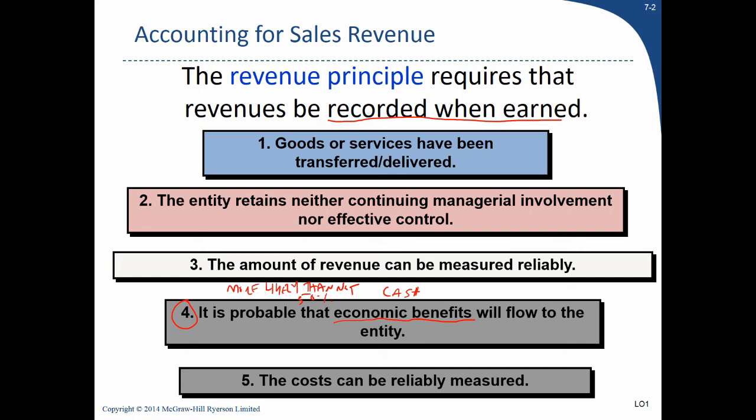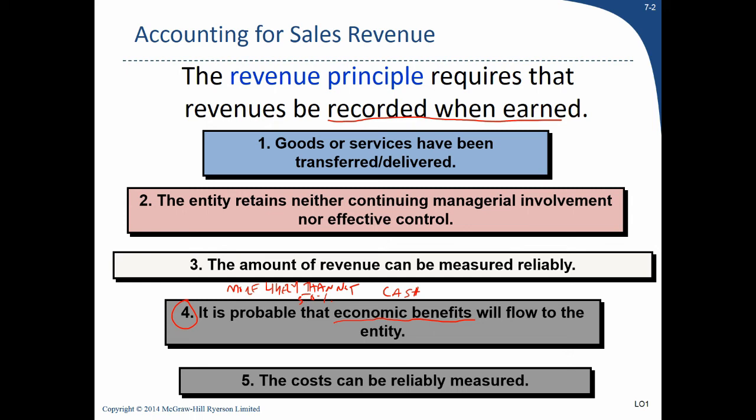So this is sort of the focus of the whole lecture, or part of the lecture rather. If we sell to a customer who we know will never be able to pay us, what have we done? We've just given away inventory. We haven't really recognized revenue, right?